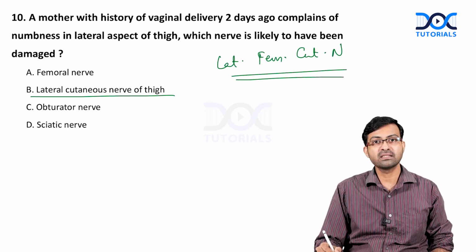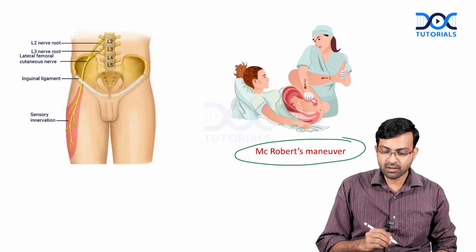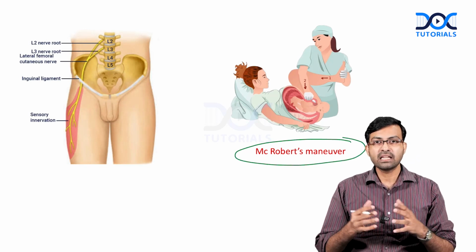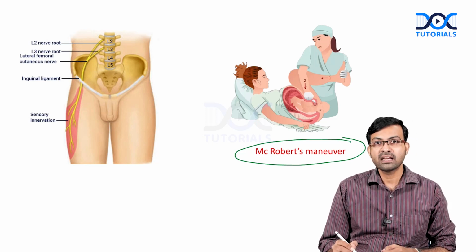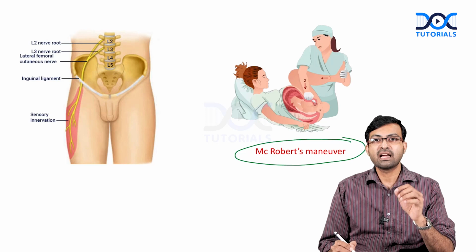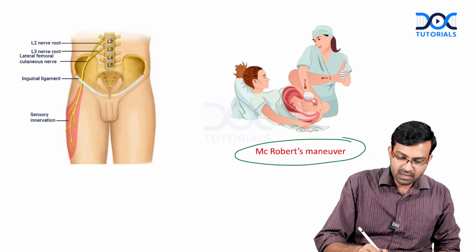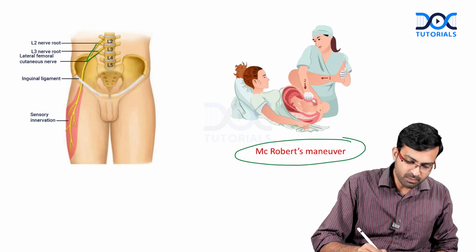So what happens is that during vaginal delivery, sometimes we have to do the McRoberts maneuver where we hyperflex the hip to aid in the normal vaginal delivery. This McRoberts maneuver can cause injury to the lateral femoral cutaneous nerve. Why? Because the lateral femoral cutaneous nerve arises from the lumbar plexus.